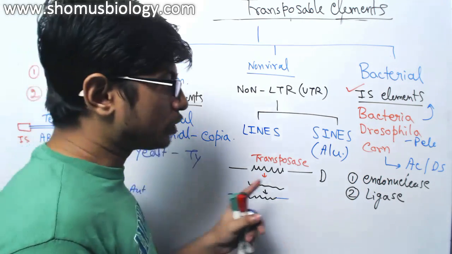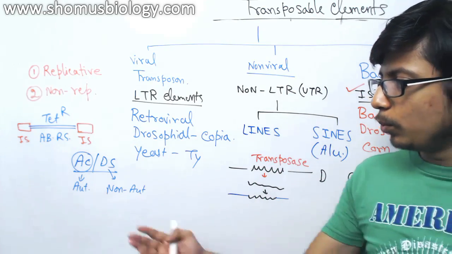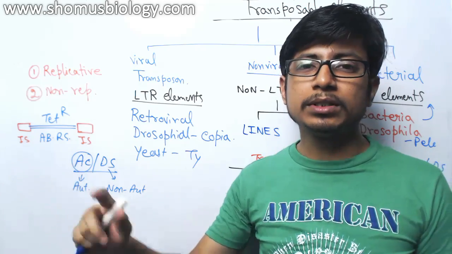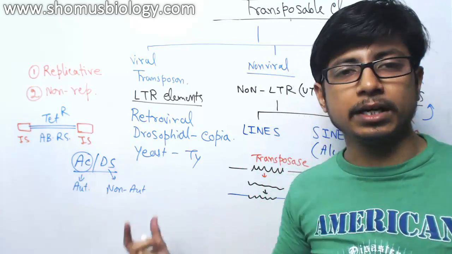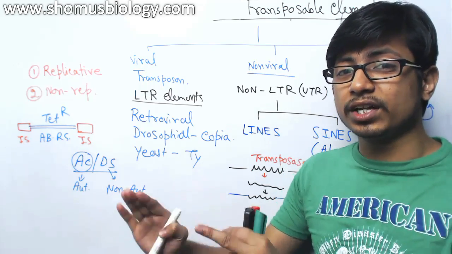Why? Because autonomous elements are those DNA or transposable elements which can translocate themselves easily without the help of any other gene. They simply cut out and paste somewhere else without the help of any other gene.